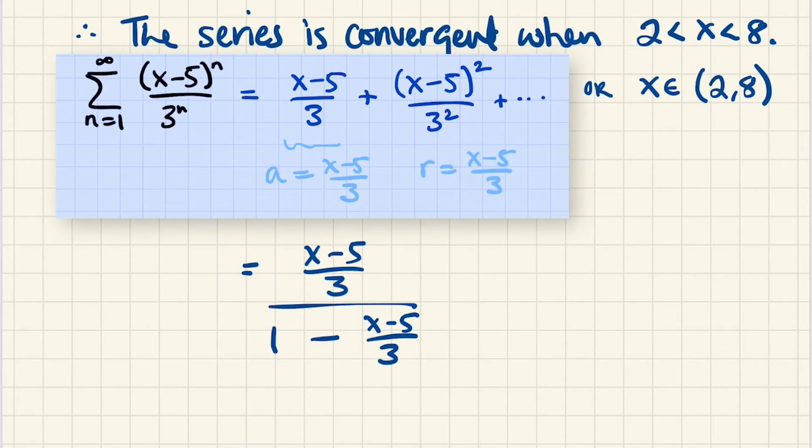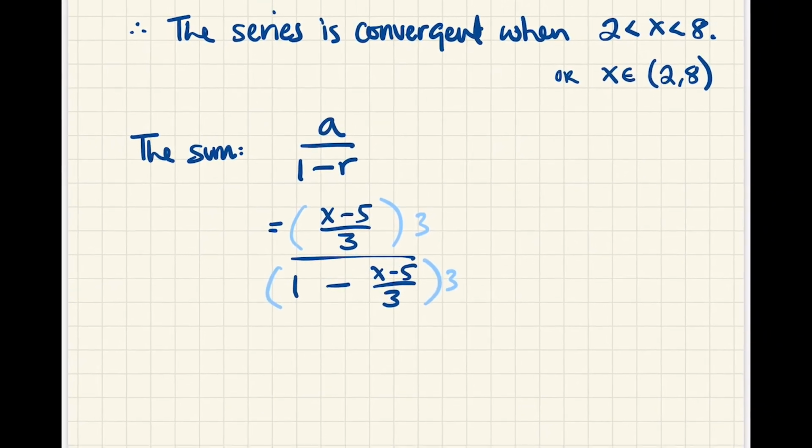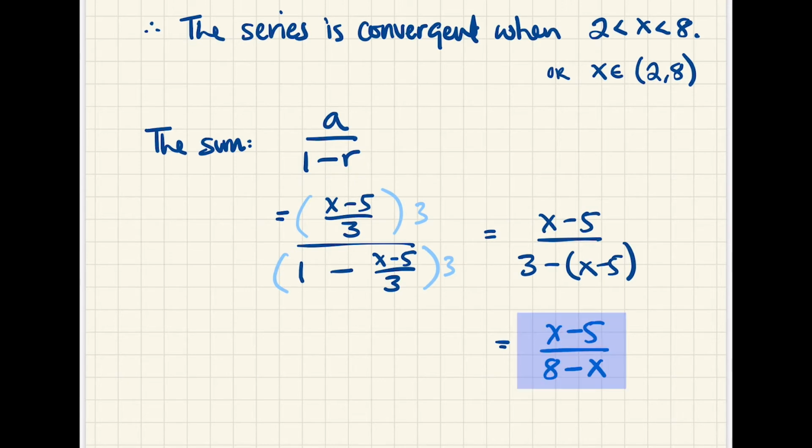So we'll just clean this up. Okay, so there's the sum of the series. And you can see definitely, like we saw earlier, when x is equal to 5, you're going to get 0.